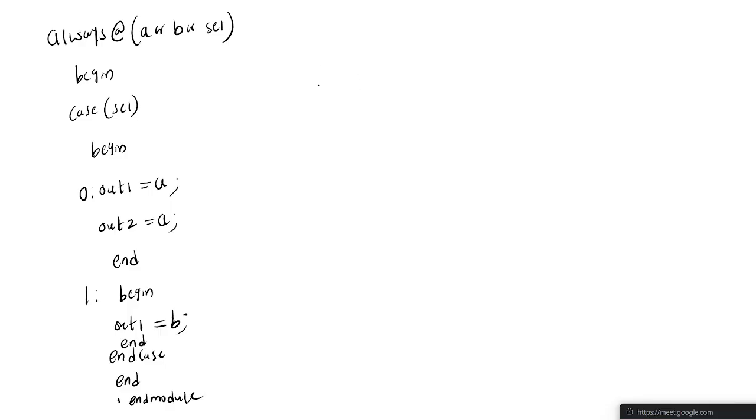So for first, two inputs are connected. Okay, what are those inputs? A and B. Okay, so this is out one, again out two is there.